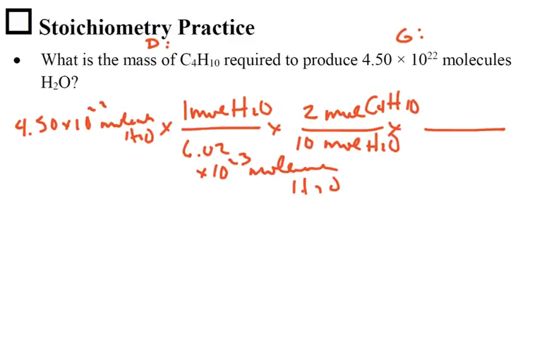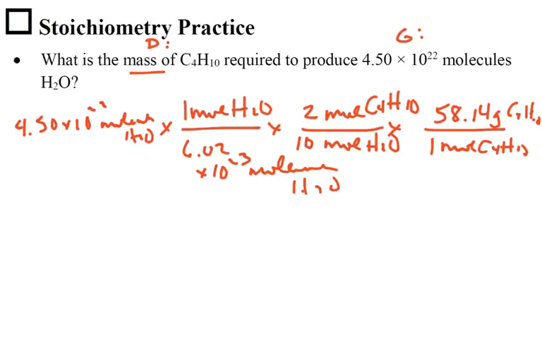And finally, we are trying to get to mass. Mass is grams. So we know for every 1 mole of C4H10, we figured out before that was 58.14 grams of C4H10. Now we just have to multiply 4.50 times 10 to the 22 times 2 times 58.14 divided by 6.02 times 10 to the 23 divided by 10 and divided by 1.